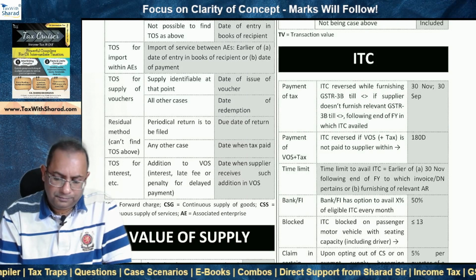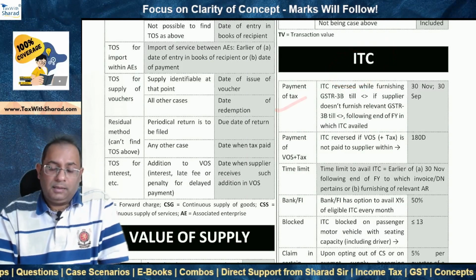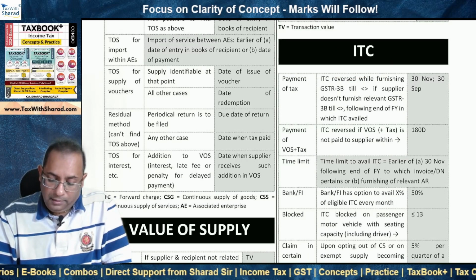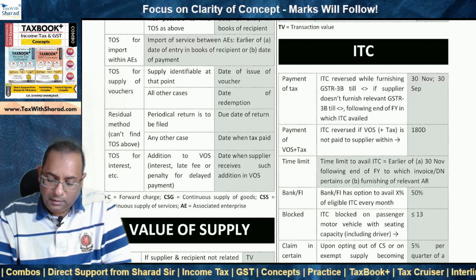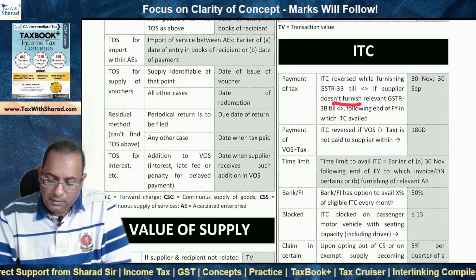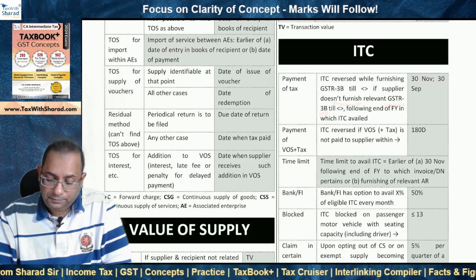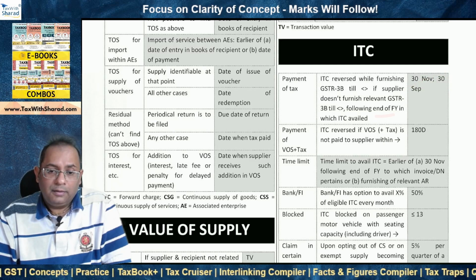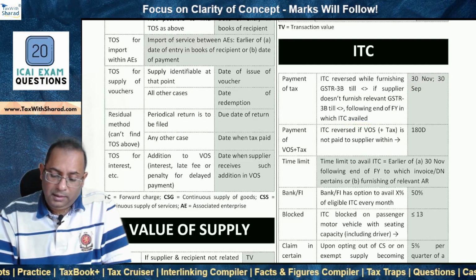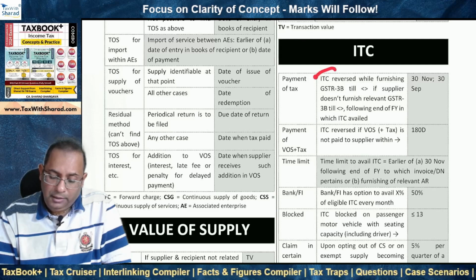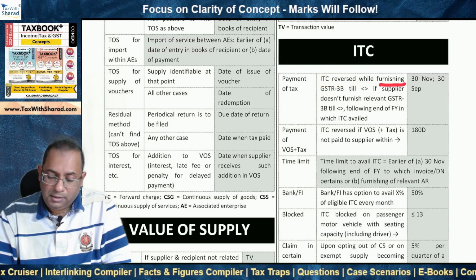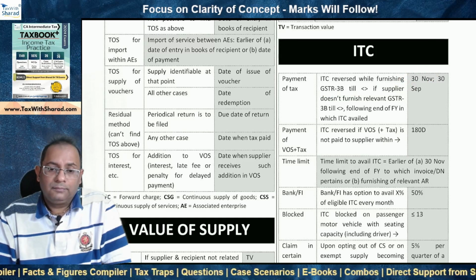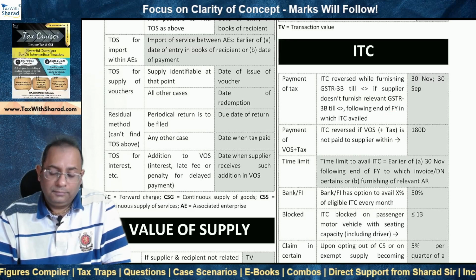We'll now look at ITC. Payment of tax is a condition for availment of ITC, and if the supplier does not furnish the relevant GSTR 3B till 30th of September following the end of the financial year in which ITC is availed, in that case the recipient will need to reverse ITC while furnishing his GSTR 3B, that means on or before 30th of November following the end of the financial year.